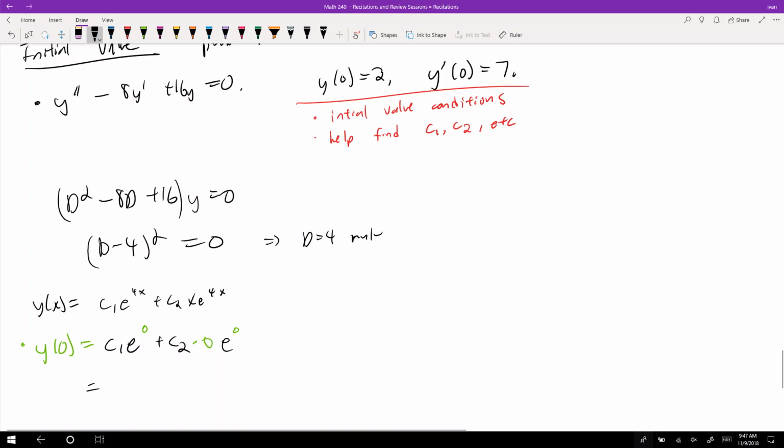What is e to the 0? It's 1. Don't say it's 0, that's a really tempting thing to do. So this is c1, and the second term just gets killed by the 0. So now we have y of 0 is equal to c1, which is equal to 2, by the initial value condition given above. So c1 is equal to 2.